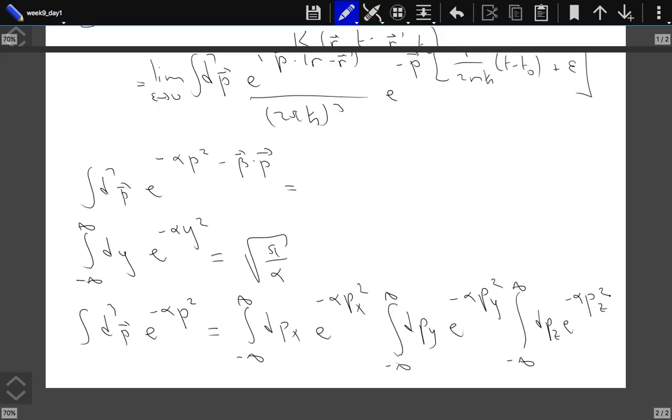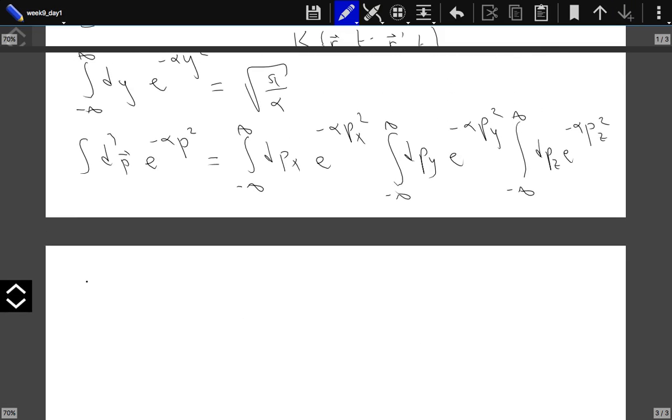So although it's a three-dimensional integral, I can just write it as the product of three one-dimensional integrals. Each one of them will just give me the square root of pi over alpha. I have three of them, so this expression is just pi over alpha to the power 3/2.